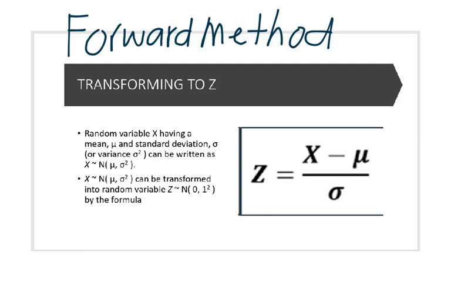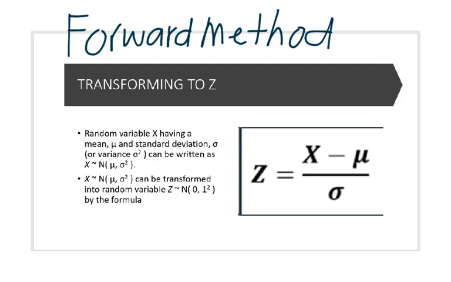To work with the standardized normal distribution from the real variable, which is the height, we need to first transform our real variable value into the z-score. Then we can use the table of the SND to calculate the probability. So how do we transform the real variable value into the z-score?